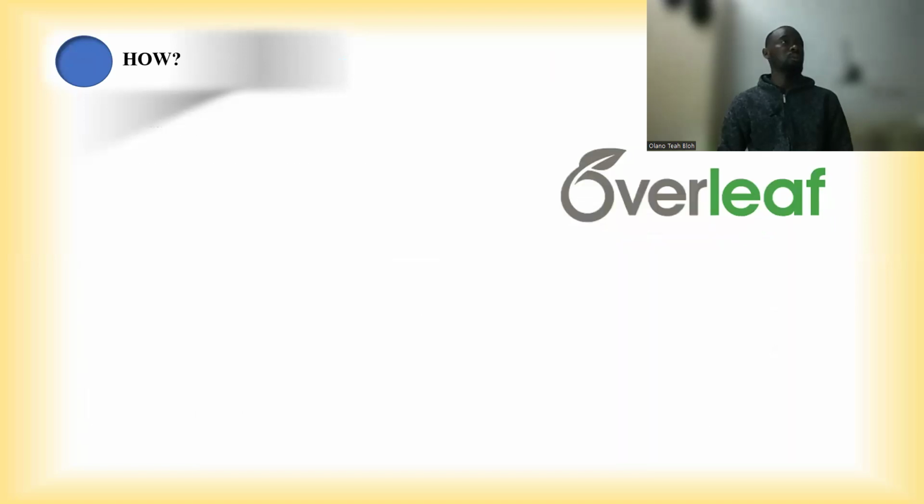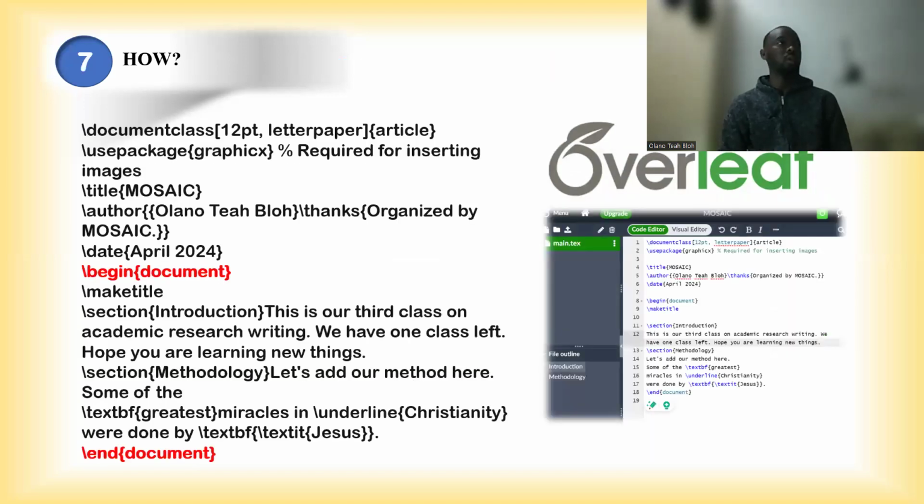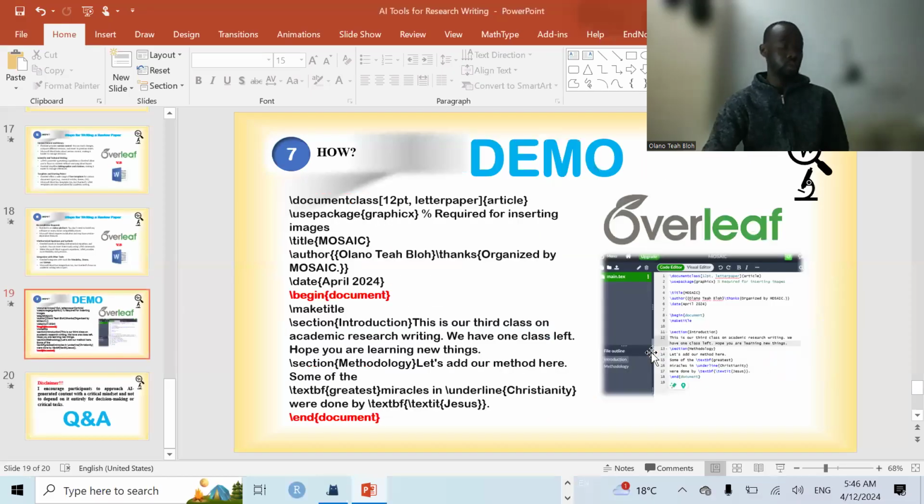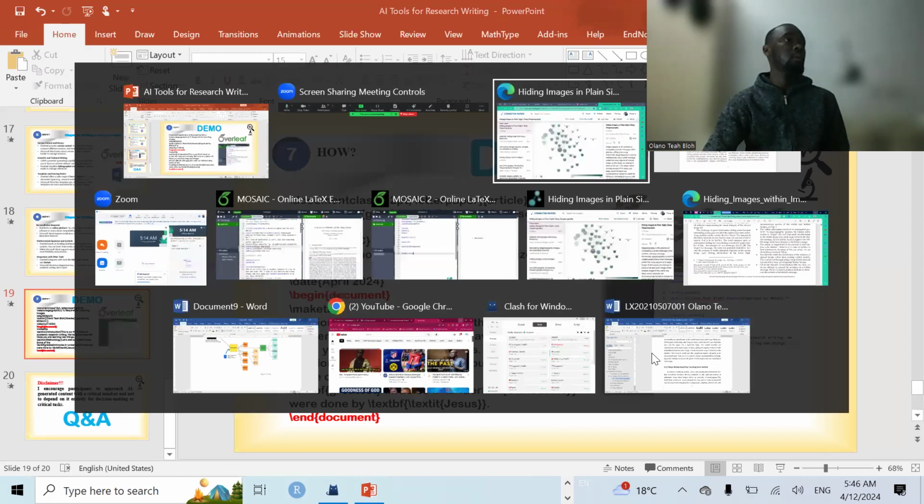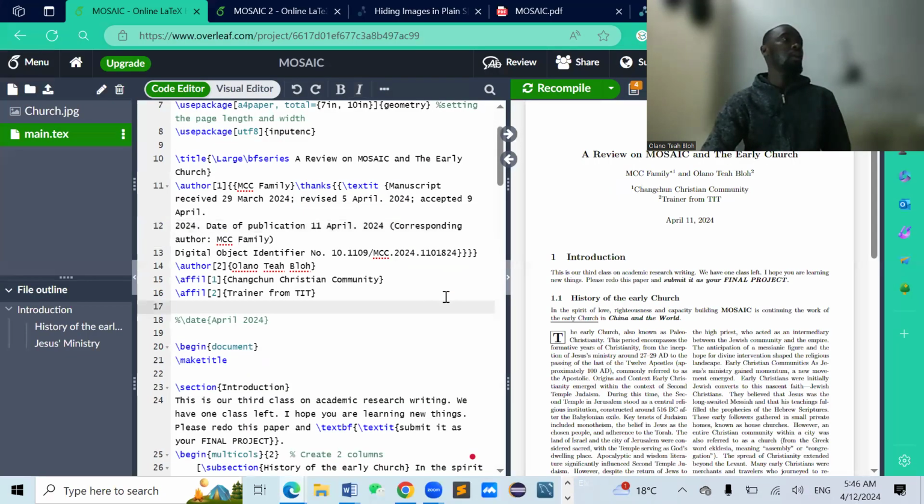Now let's take a demonstration, or a demo, of this to see how Overleaf works. So let's move to our Overleaf environment here. Okay, so in the beginning, you just open your Google browser and search for Overleaf.